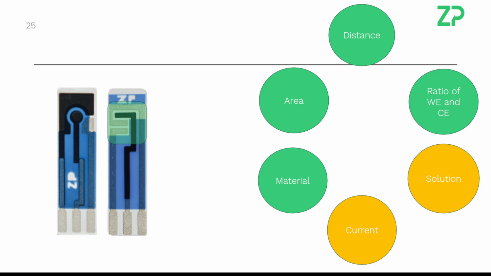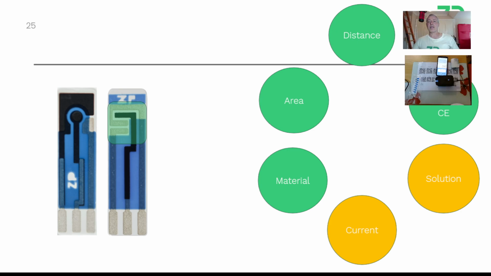The ratio of the working and counter is often not got right, and it does lead to a problem with the compliance voltage. The material is a trick that just ZP seems to be pulling at the moment, but by choosing the right material, we can get the compliance voltage right down. Solution is something that you bring to the table often. You can also tailor your solutions to help with that compliance voltage and current.